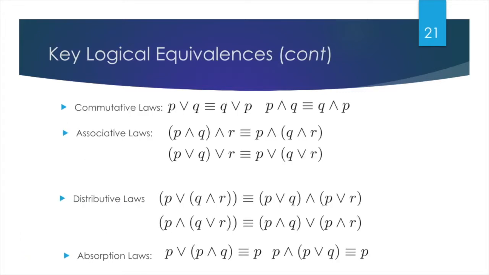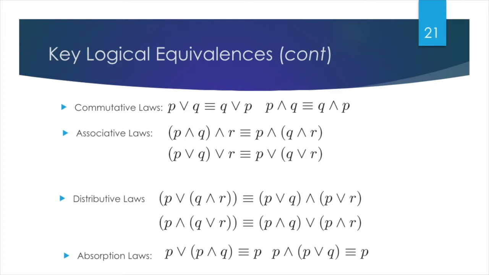You will find that there is a list of other laws, like the commutative law, where we say P or Q is similar to Q or P. You just flip them. P and Q is similar to Q and P. The associative law: let's say you have X multiplied by parentheses 2 plus 1, and you want to include the multiplication in the parentheses.